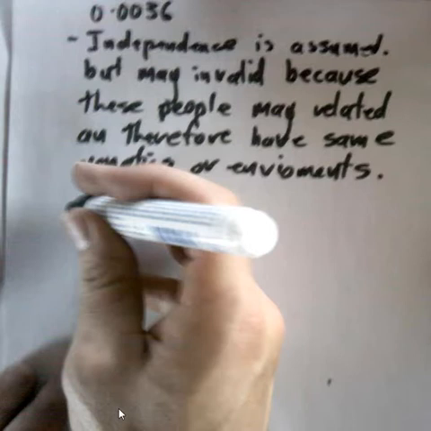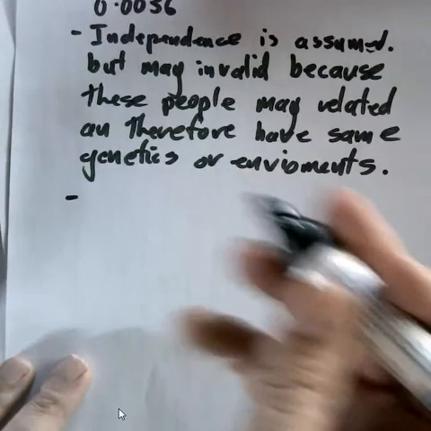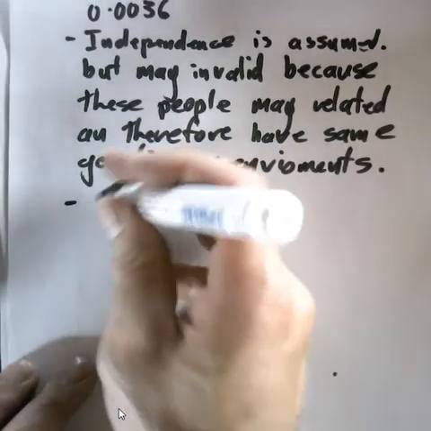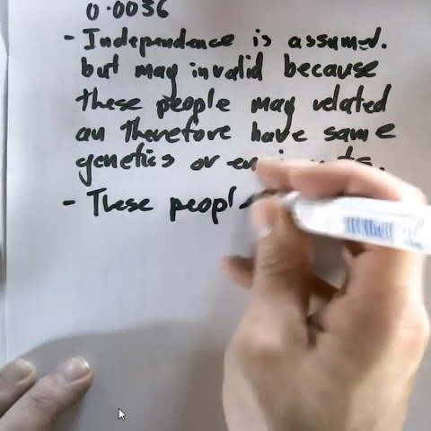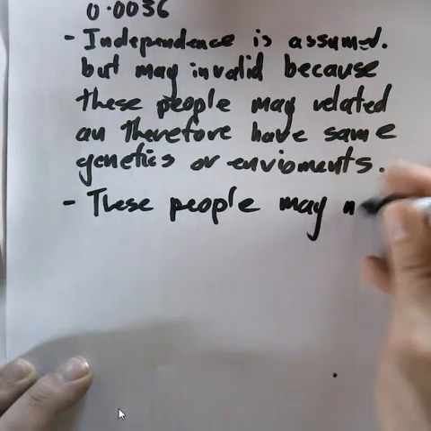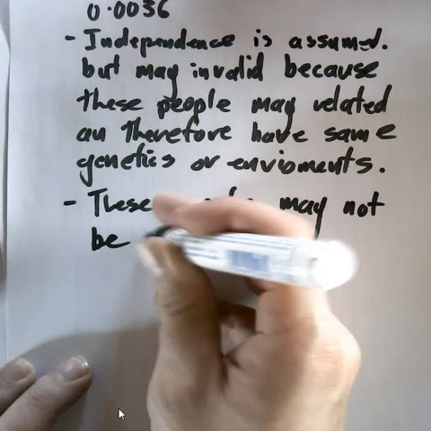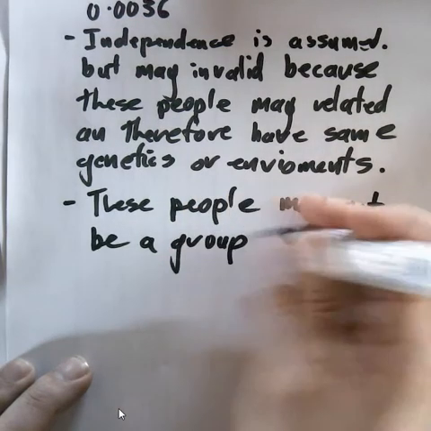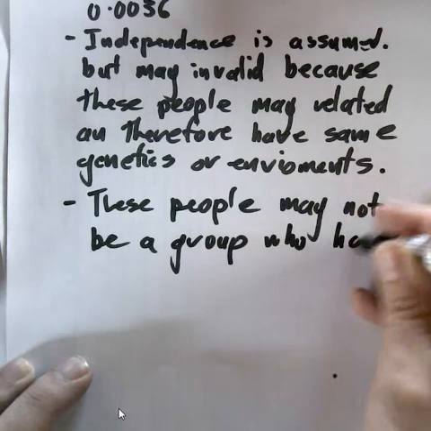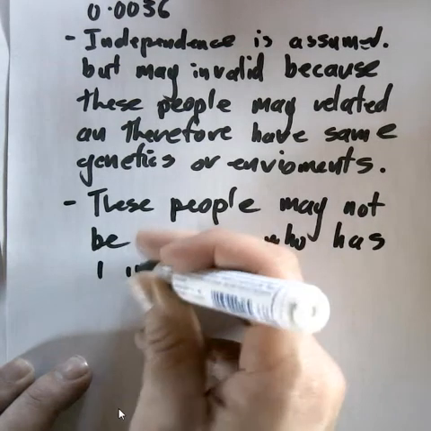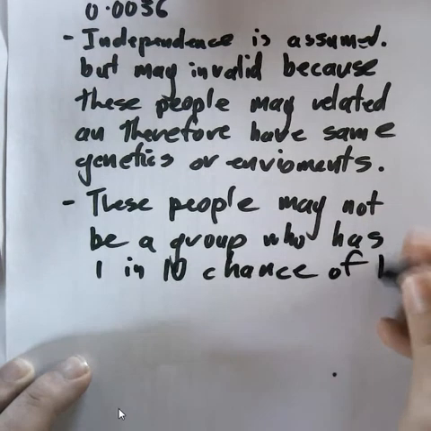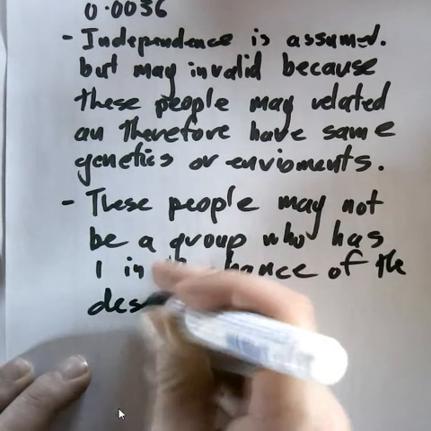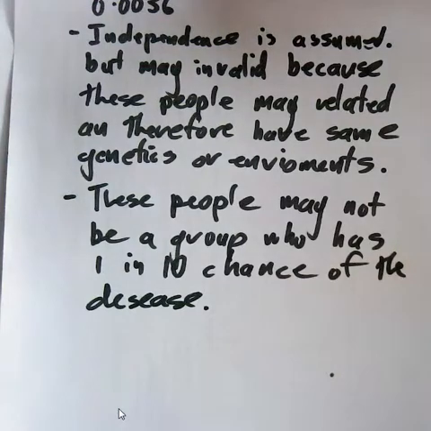The other one is what Healy was talking about a little bit more. These people may not be a group who has a 1 in 10 chance of the disease. Okay, now, that's not good enough, I don't think.